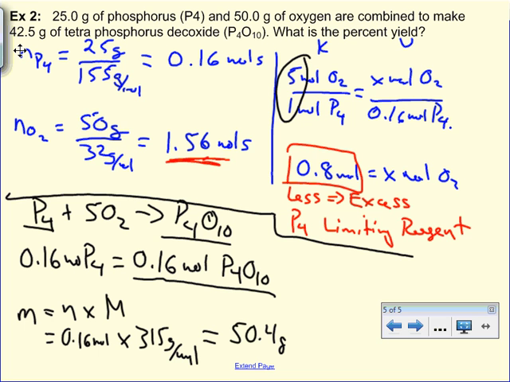So my theoretical yield has been determined. I determined it first by applying the limiting reagent, then using my mole ratio, which is just 1 to 1 in this case, which makes it pretty easy. Then take the number of moles, multiply it by the molar mass, and I have my theoretical yield at 50.4 grams.